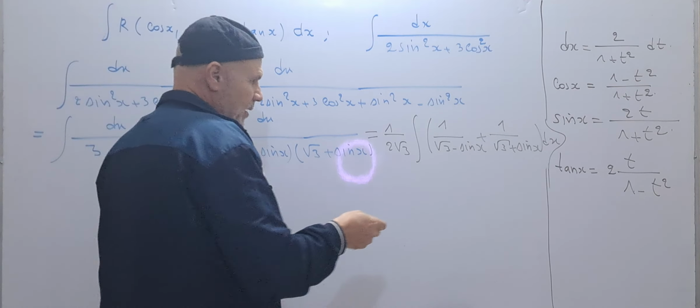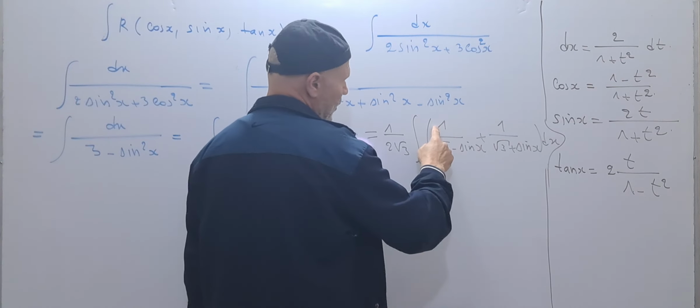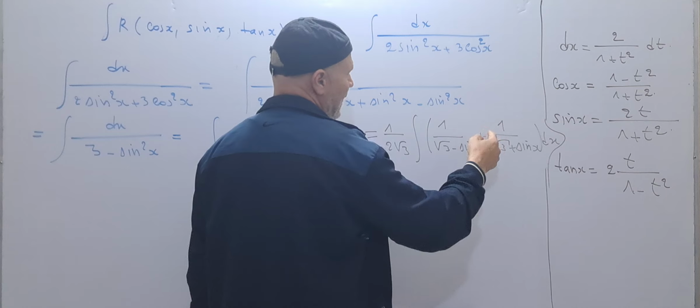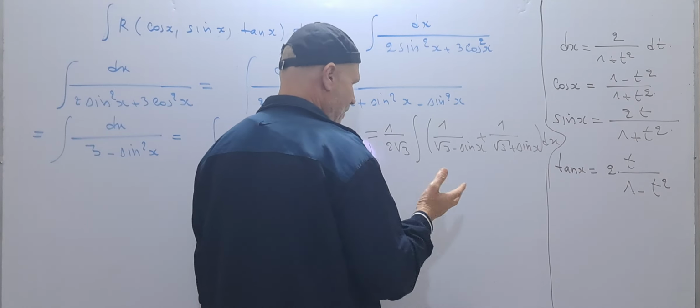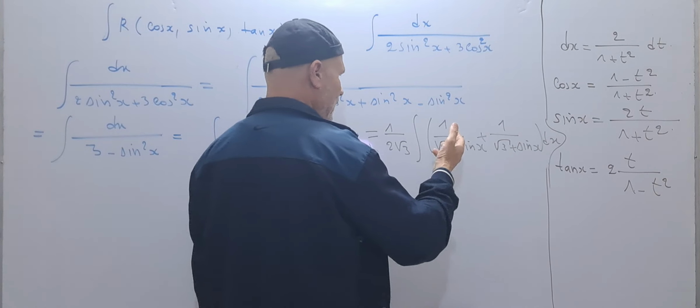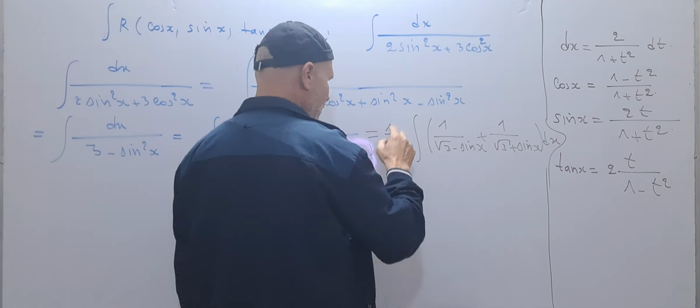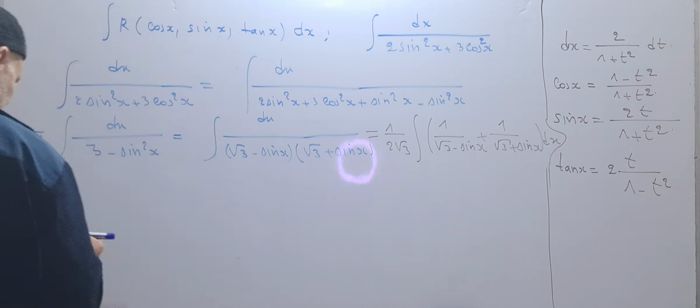Actually, if we take this here, we get the square root plus square root, minus plus minus go, and we get 2 the square root of 3, so this is exactly this one.